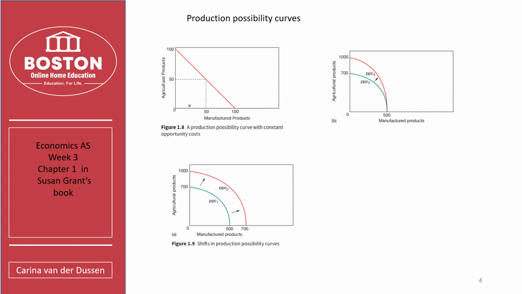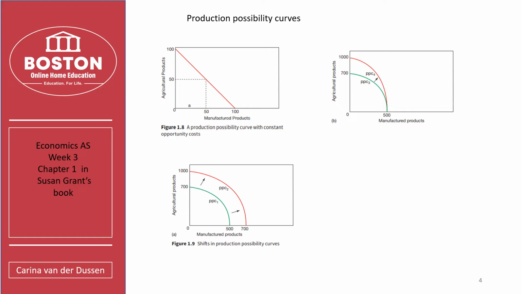Remember in the exam, multiple choice questions, they're going to ask you what could have changed these lines. And many times they try to catch you and they will ask you what could have happened for the production possibility curve to move to the inside.